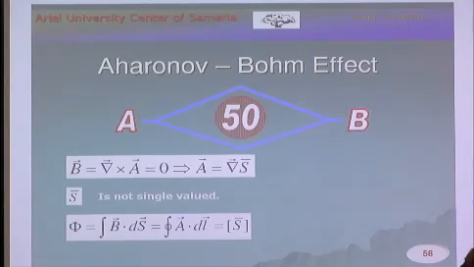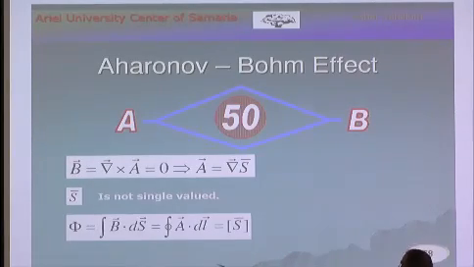There the magnetic field is null. And this means that the vector potential is a gradient of some function S. But since it's not a simply connected domain, S need not be single-valued, and it is not single-valued.